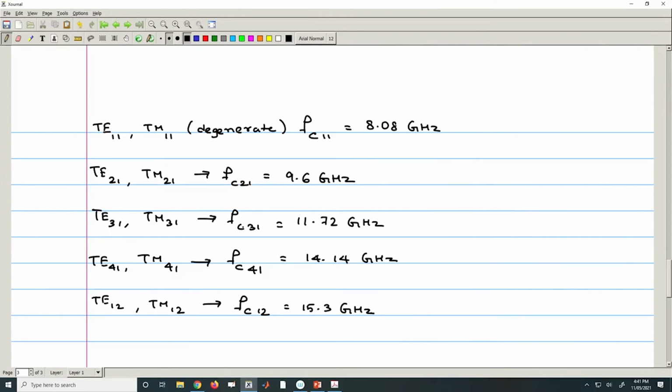So, now those modes whose cutoff frequency is less than or equal to 15.1 gigahertz will be transmitted. Okay. So, among all the possible conditions, we can see that 11 TE and 4 TM modes are possible.